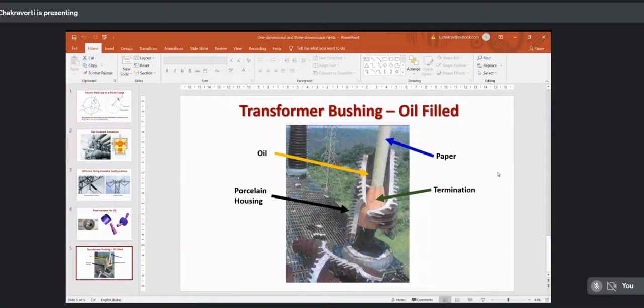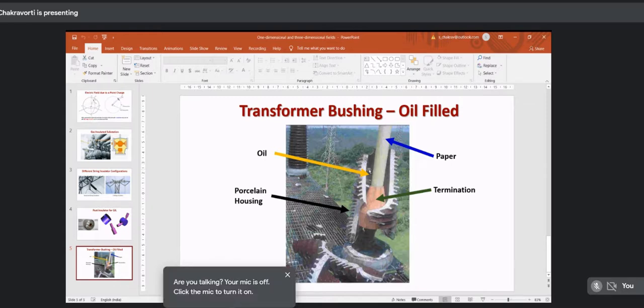Even if to the naked eye it looks okay, the moment we magnify it, we'll see there is a gap. And then what will be there in that gap? It will be air, and air is a very poor dielectric. So what will happen? There will be discharge in that gap. We can't allow that in a high voltage system. So what we do is intentionally keep a gap between the porcelain housing and the paper, and then we fill it with oil, transformer oil.